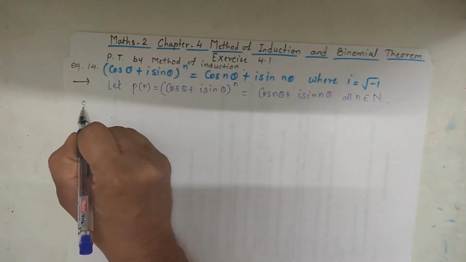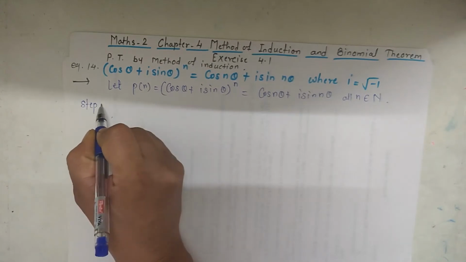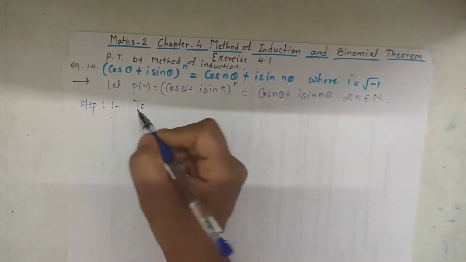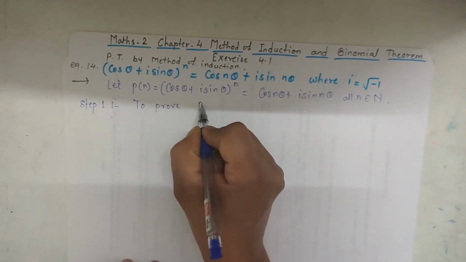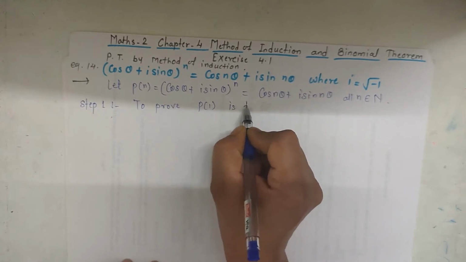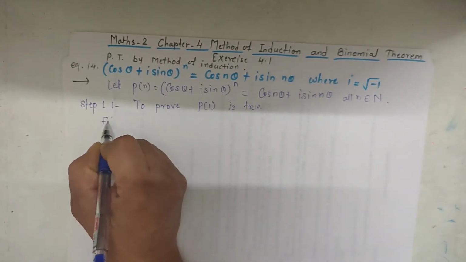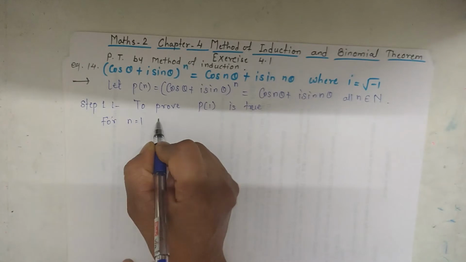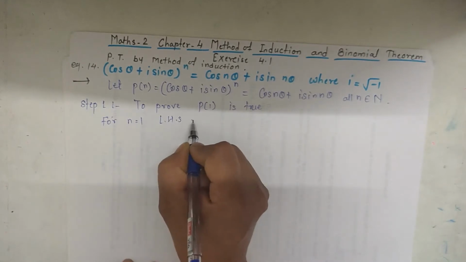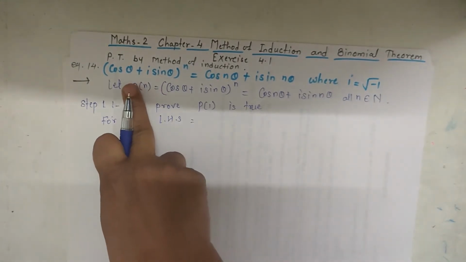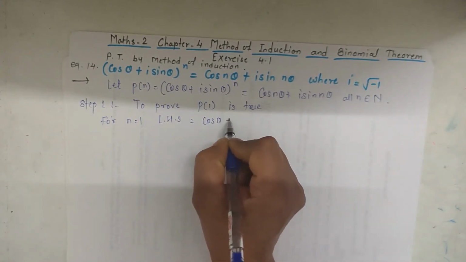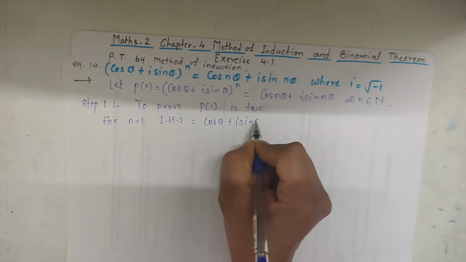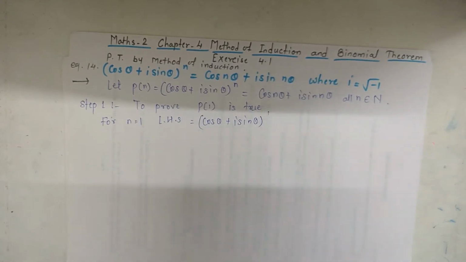Now step 1. In step 1 we have to prove P(1) is true. So for n = 1, the LHS of the given statement is (cos theta + i sin theta) raised to 1.